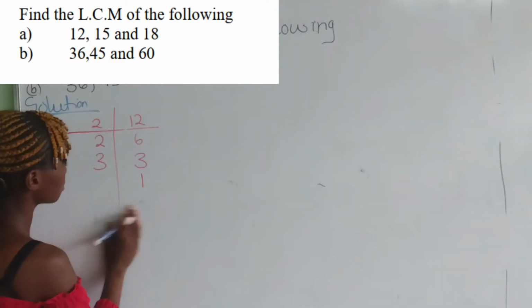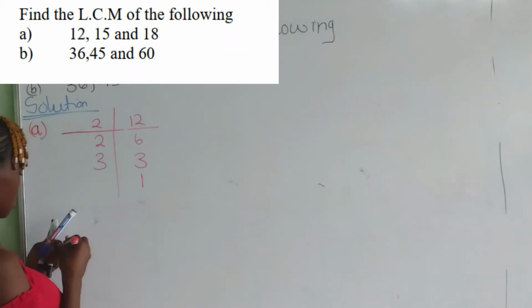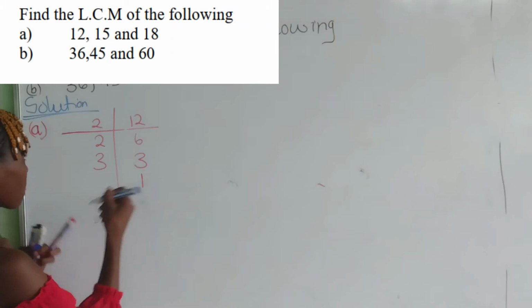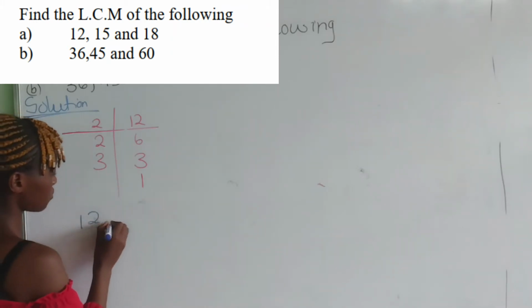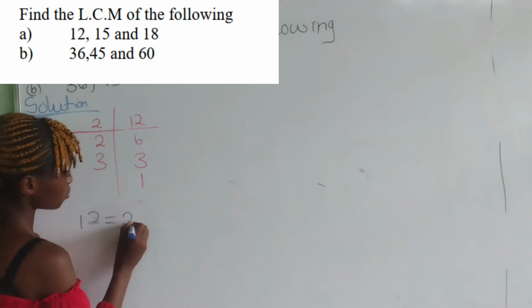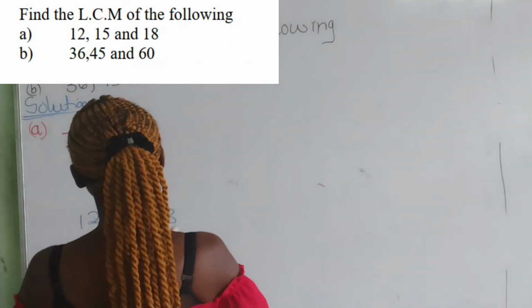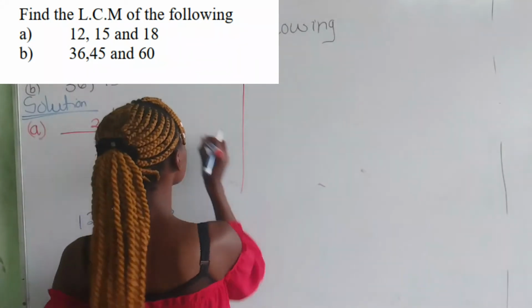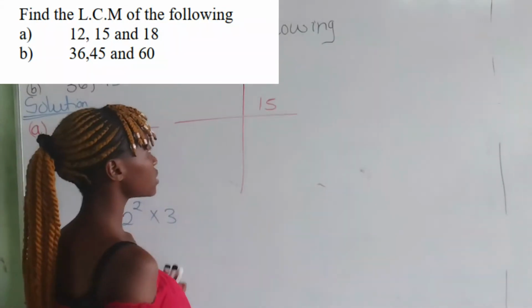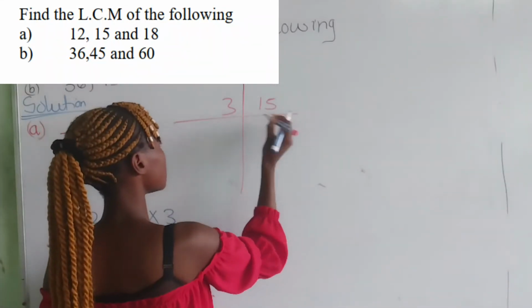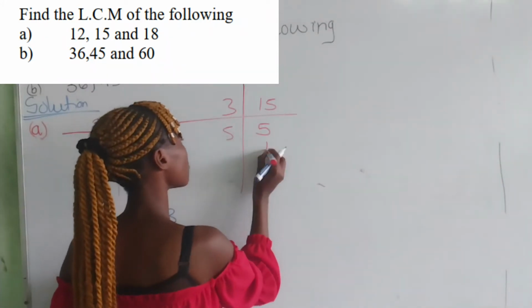So here we put it in index form. Then take 2 squared times 3 for 12. Next, 15. 2 cannot go into 15, so we say 3. 3 into 15 is 5. 5 into 5 is 1.